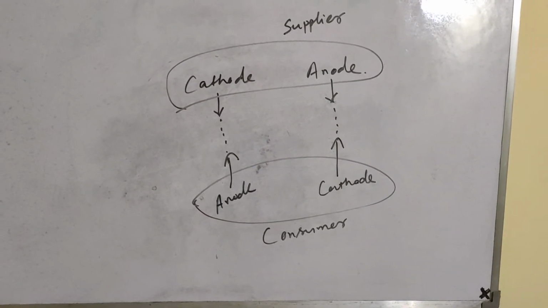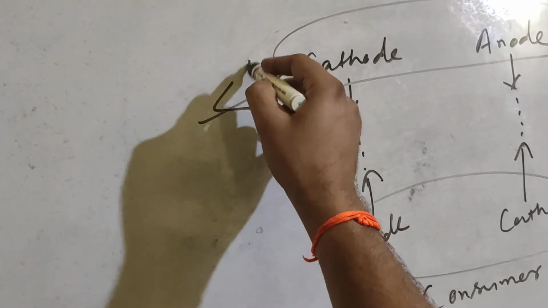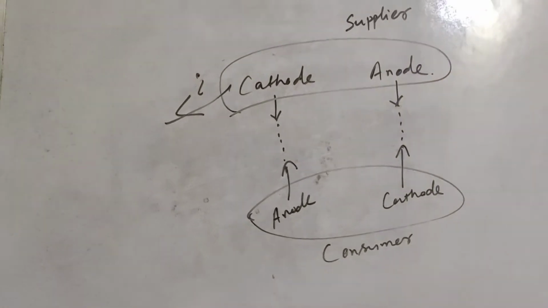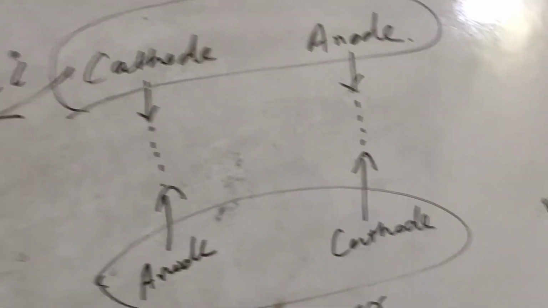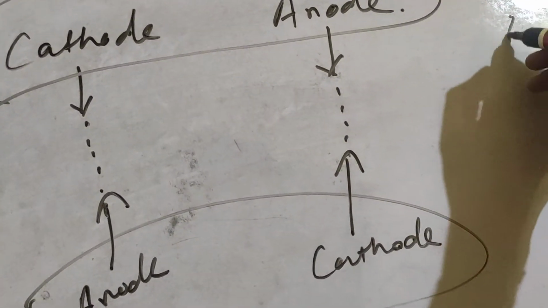If it is a supplier, then the current I departs from the cathode. CCD: cathode current departs. Anode means current I arrives.